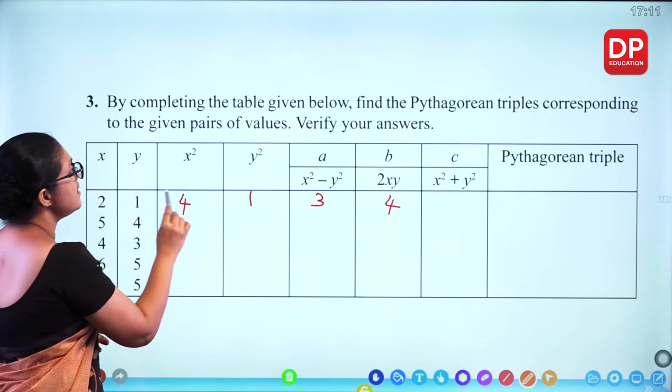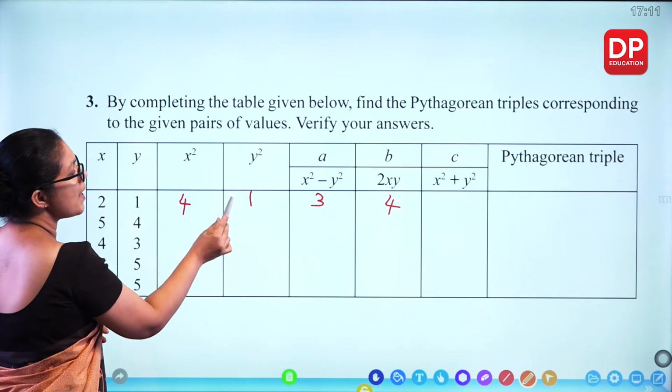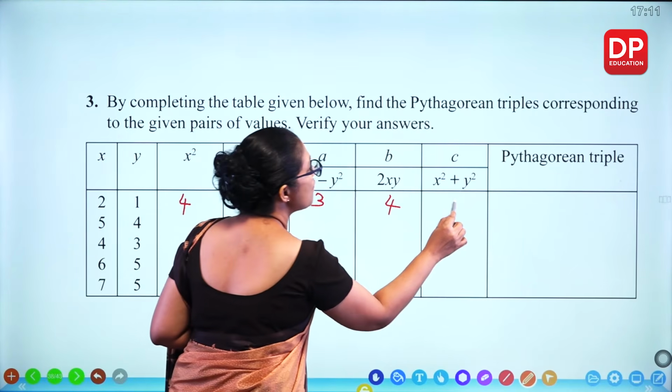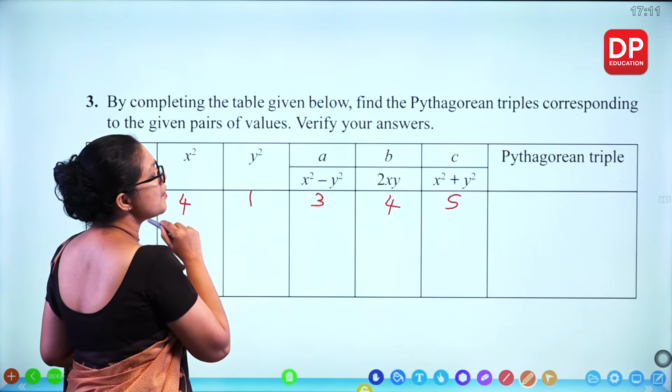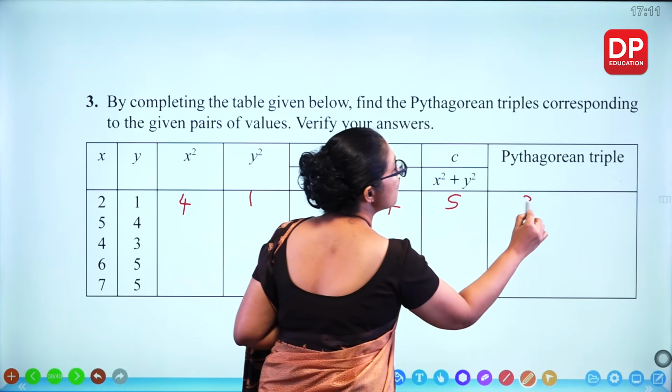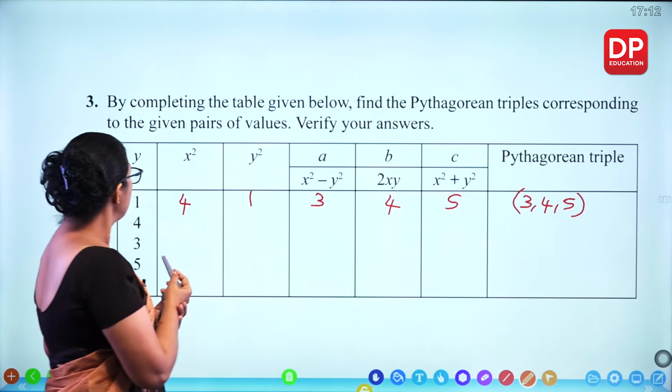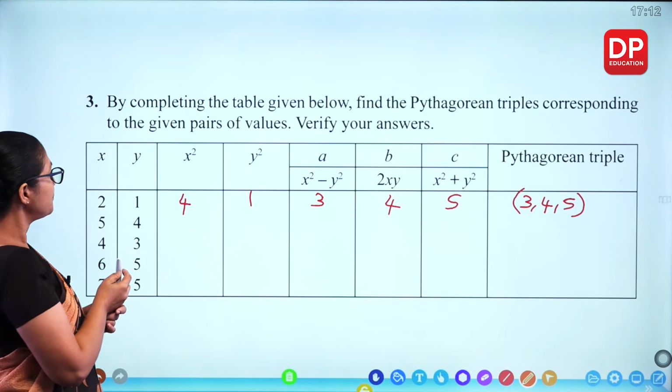Then add these two, x squared plus y squared, you get c. 4 plus 1, 5. So the triples are 3, 4, 5.